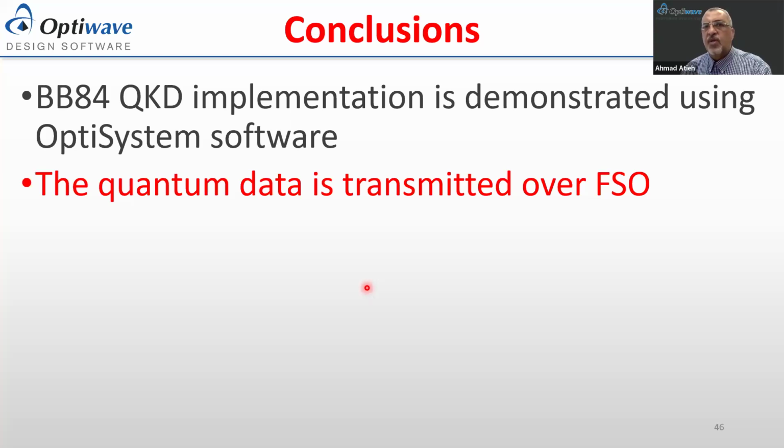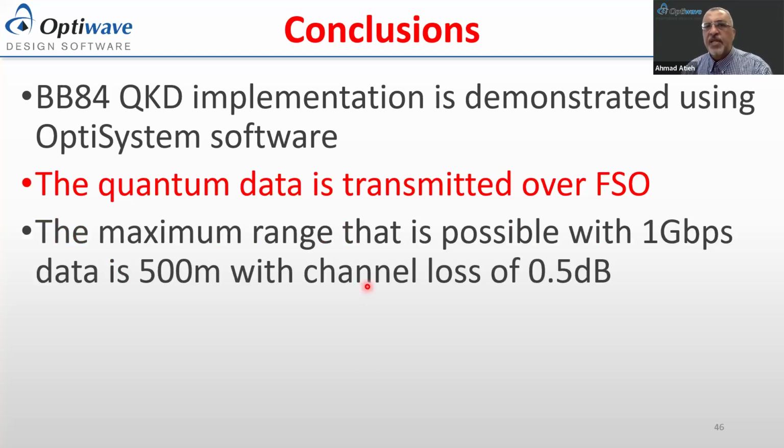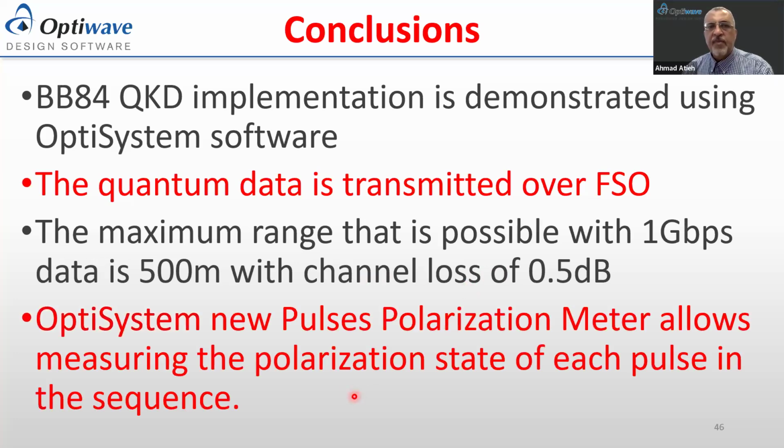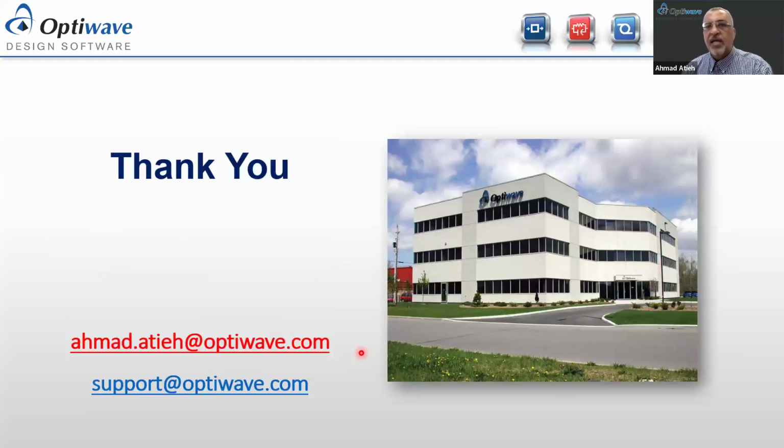We did transmit the quantum data over a free space optical channel at a 1 gigabit data rate over 500 meters with a channel loss of 0.5 dB. And we use the polarization power meter as well as the analysis using LEDs to analyze the states of the detected quantum qubit.